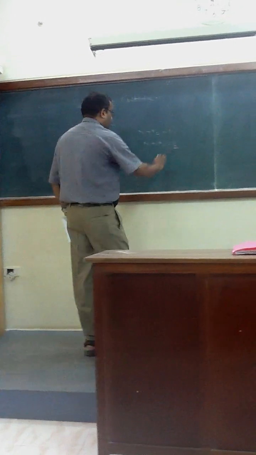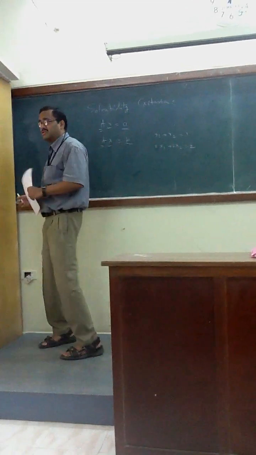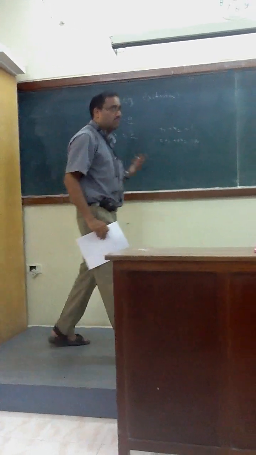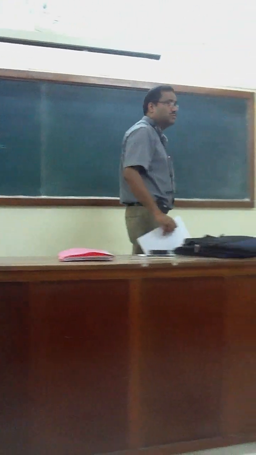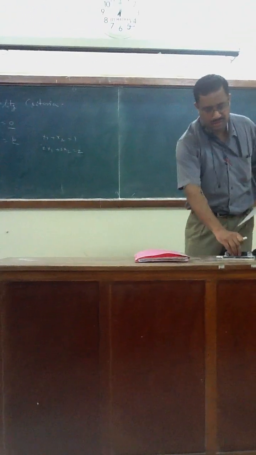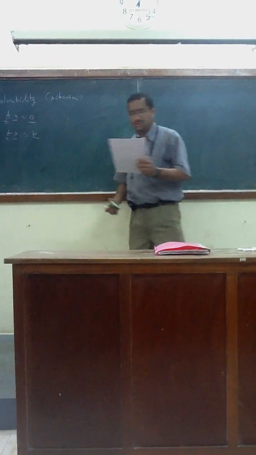But if you have 2x1 plus 2x2 equal to 2, in that case a solution will exist, but there are an infinite number of solutions. So these are the examples you can draw from school level mathematics. With that, we'll look into the formal procedure to see the solvability criteria.